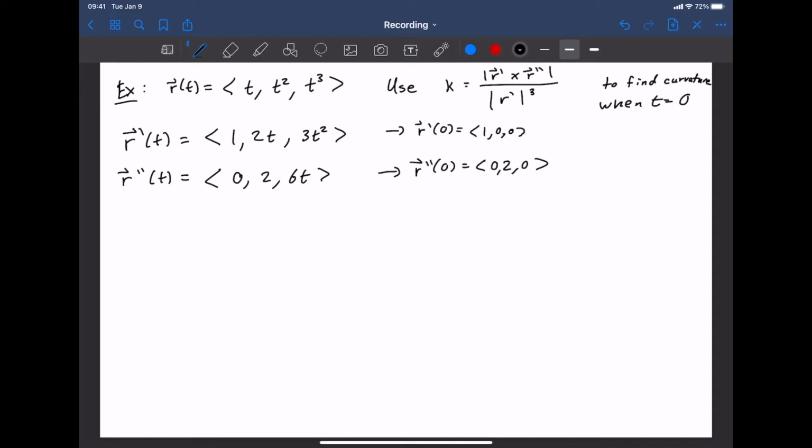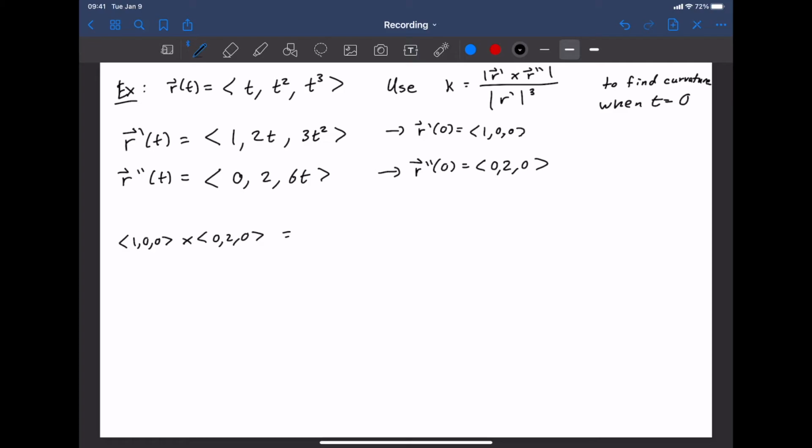That is going to be a lot easier to do a cross product of than this. And we're going to do both. I'm just going to show you what it looks like when you're finding a specific curvature versus the curvature formula. So, to find the specific curvature, kappa at 0, let's do the cross product of 1, 0, 0 with 0, 2, 0.